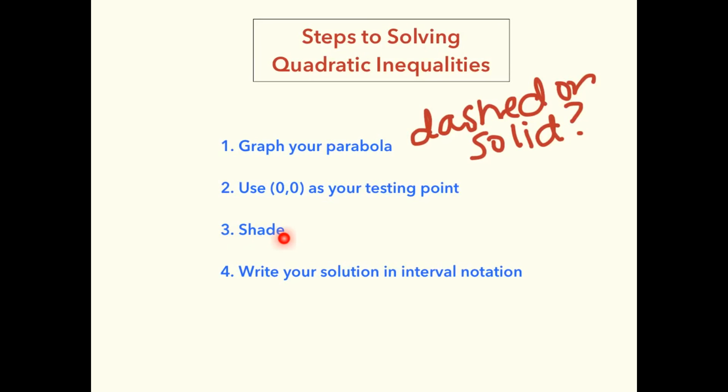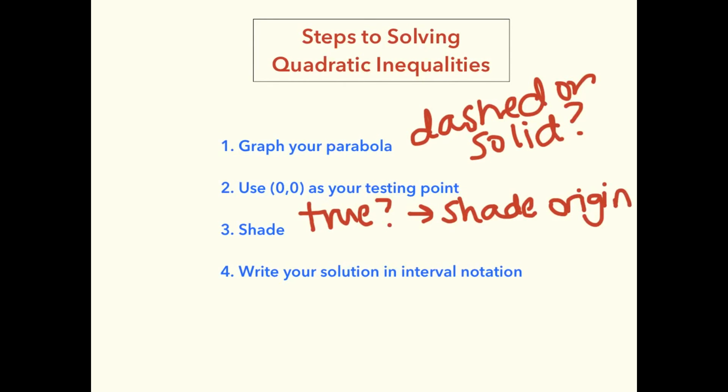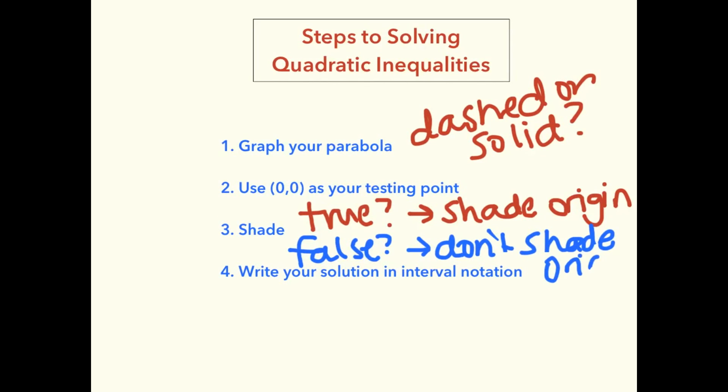If your statement is true, then you shade wherever (0, 0) is. If it's not true, if your statement is false, you don't shade the origin. And then your final step, where you actually write your answer, is to write your solution in interval notation.